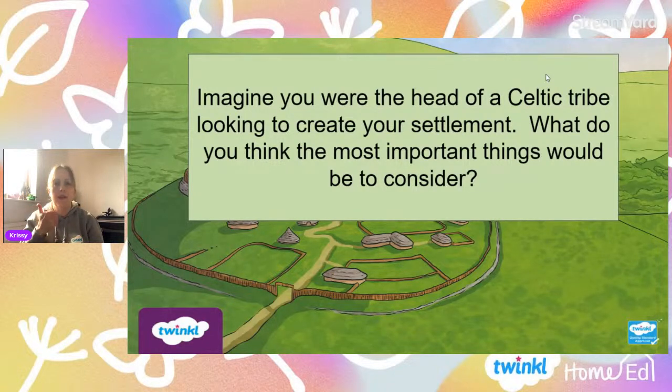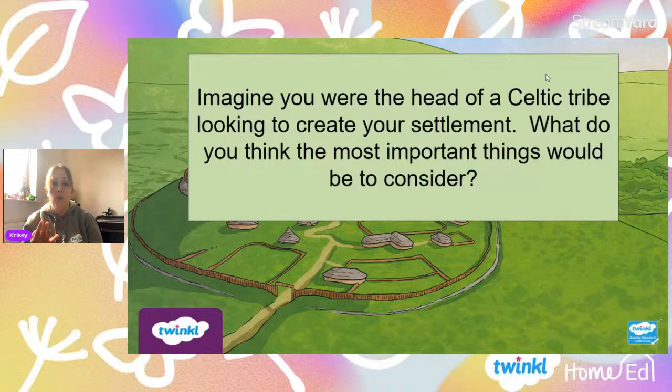So I'm going to have to find somewhere that I can grow good crops. What else am I going to have to think about? Well, I'm going to need to settle somewhere near a woodland, because I'm going to probably need the wood to build my settlement and wood for fuel. So I don't know if you've got that one right. I'm going to need to potentially be near some sources of animals that maybe I could domesticate.